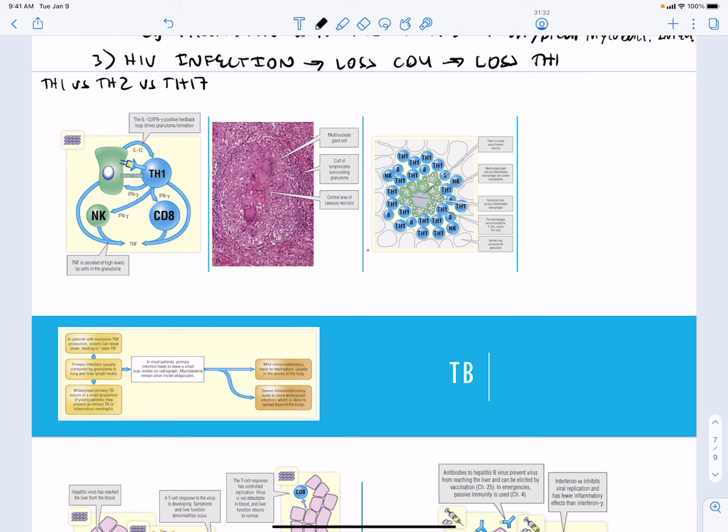So you have a Th1 loop, for example, which we kind of just discussed, in which you have IL-12 made by the macrophage and interferon gamma made by the NK cell, and you have interferon gamma made by the Th1 and the CD8, the Th1 cell, the CD8 cell making interferon gamma and TNF, and all of these together are simply amplifying the environment for Th1 to make sure that you maintain that Th1 environment.